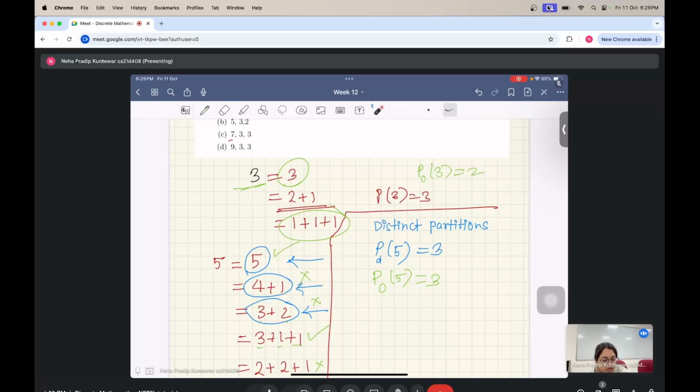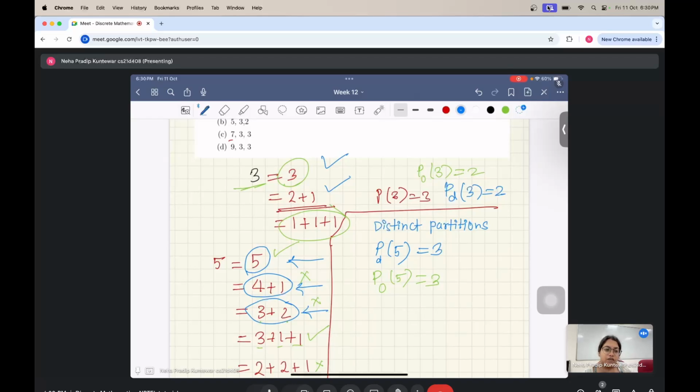If you try to find the distinct partitions, then 3 is a distinct partition, 2 plus 1 is a distinct partition because none of the numbers is repeated, but 1 plus 1 plus 1 is not. So the number of distinct partitions is 2 again. So in this case also PO of n and PD of n both match.